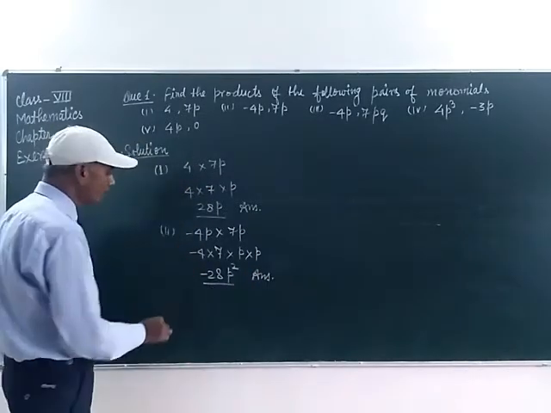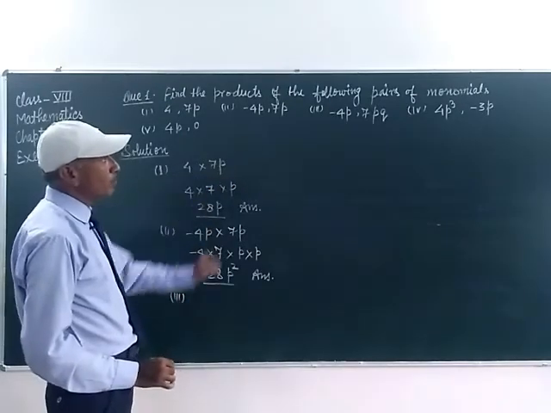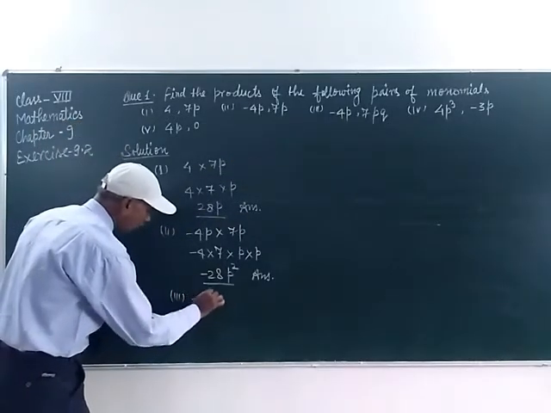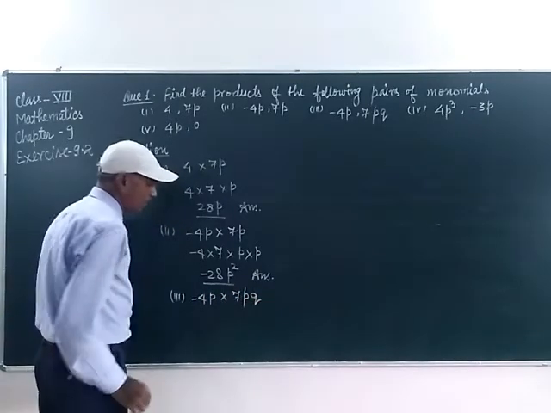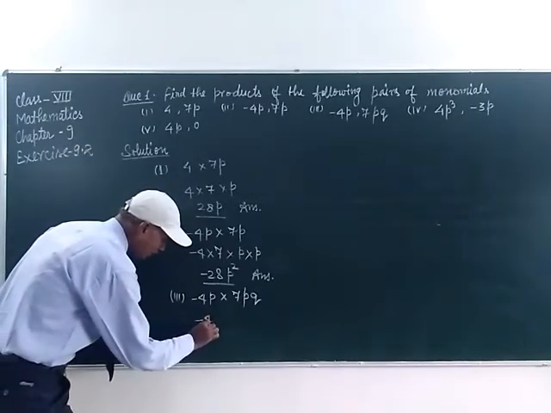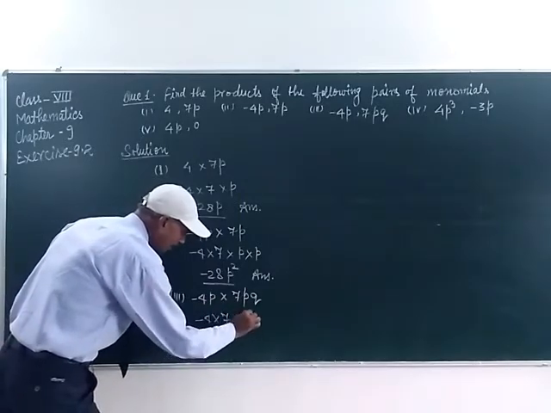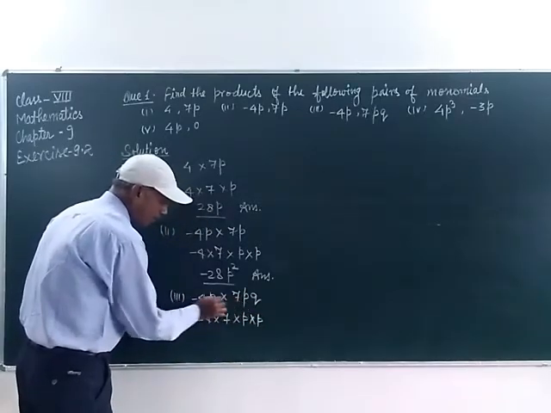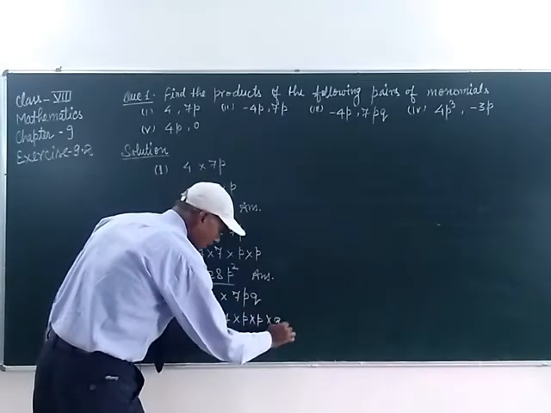Now, third part is minus 4p into 7p cube q. So, students, we have to multiply numbers with numbers, so minus 4 into 7, and the variables p into p cube, and into q.